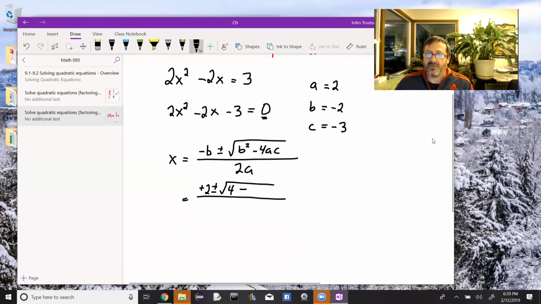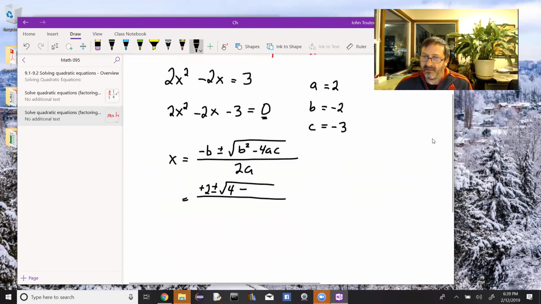And then I'm subtracting 4 times a times c. So again, I can figure out what that is. 4 times 2 is 8. 4 times 2 is 8, times negative 3 is negative 24. It's a minus there, so that's going to become a plus 24.